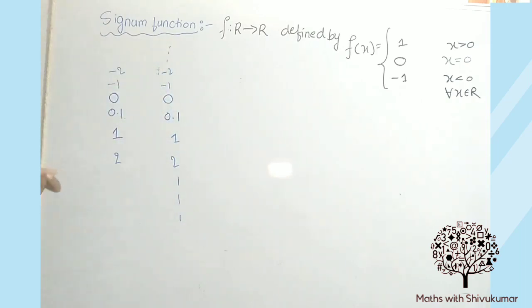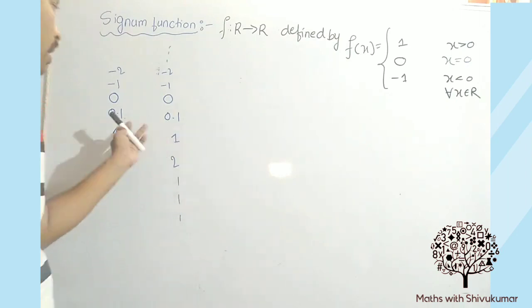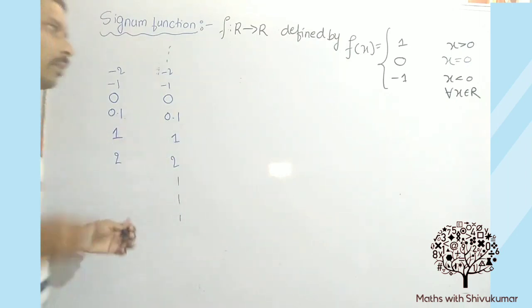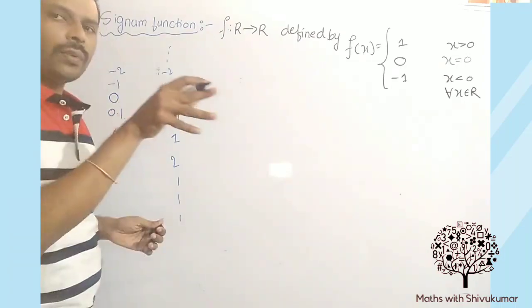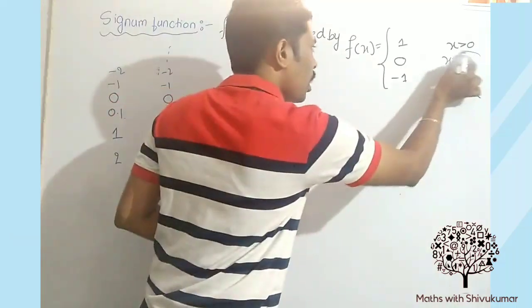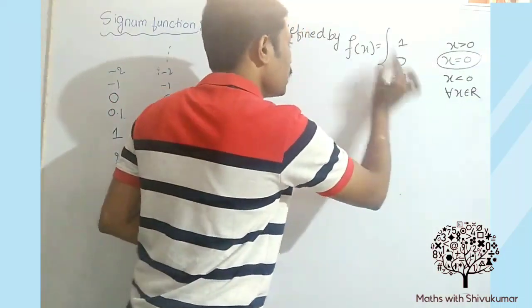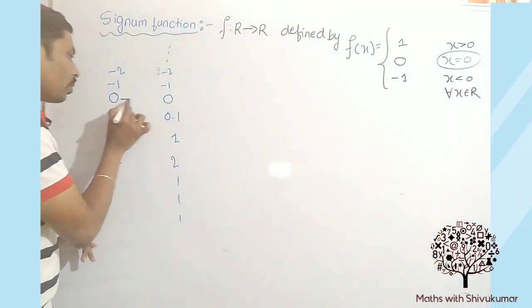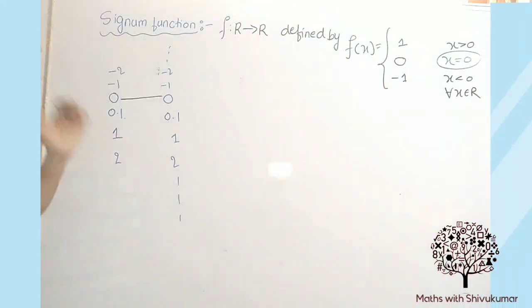Observe, my dear students, what is my first value? I will take x equal to 0. If the input value is 0, the output is f of x equal to 0, meaning 0 connects to 0. I will take 0.1.